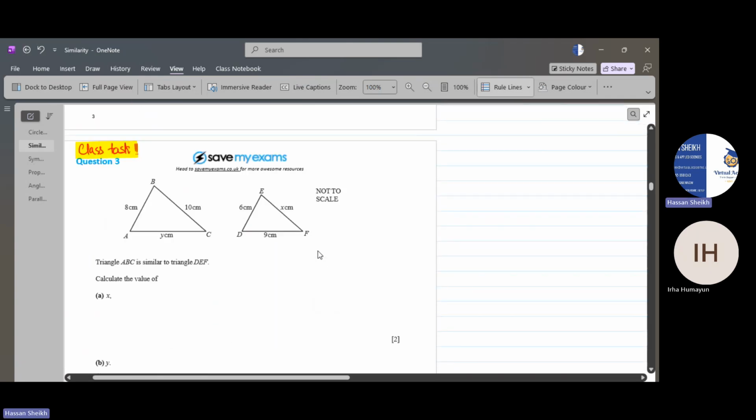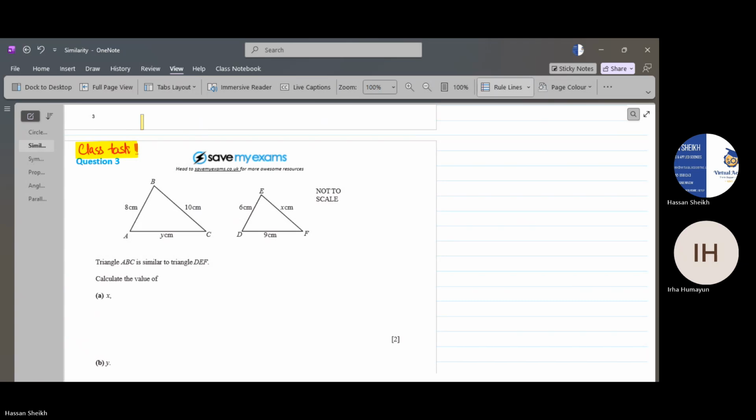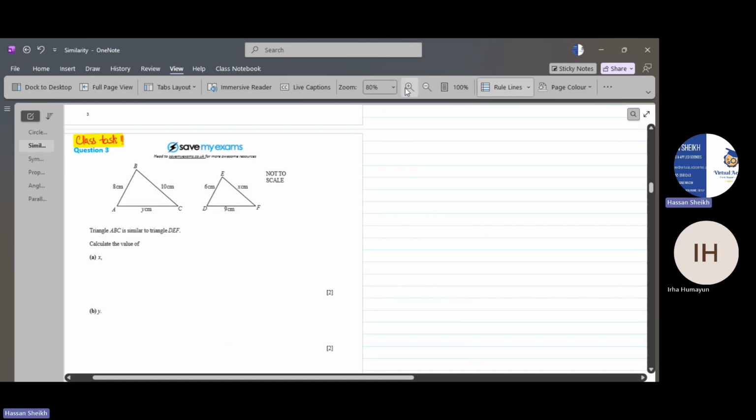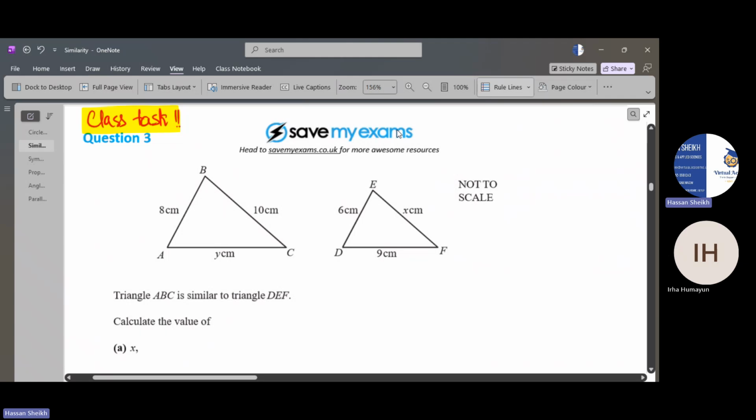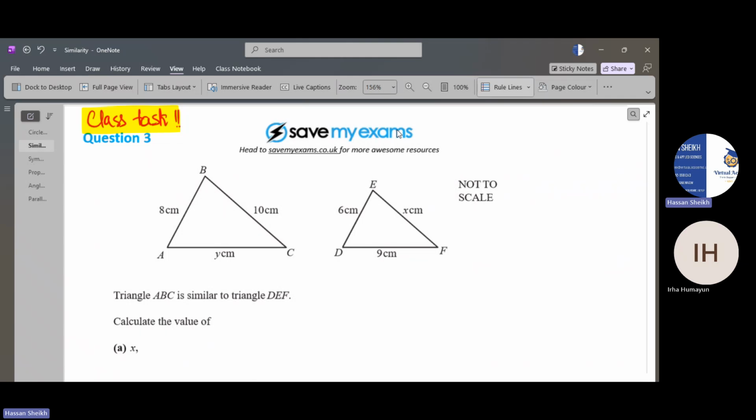Let's move on to this one. This one is a class task. You don't need to worry whether you got it correct or wrong, but I just need to check how much you understand. So for that purpose, this is your class task. Do you have your rough notebook with you? Yes, sir. Okay. So I want you to solve part A first. Don't worry about the solution. Just follow the rules that we have studied. It's okay to be wrong. Solve this one. I'm waiting.